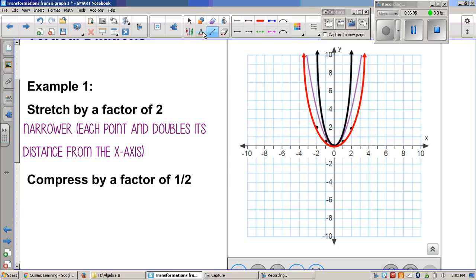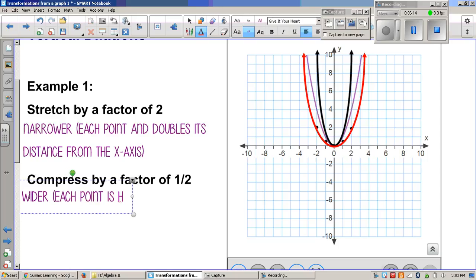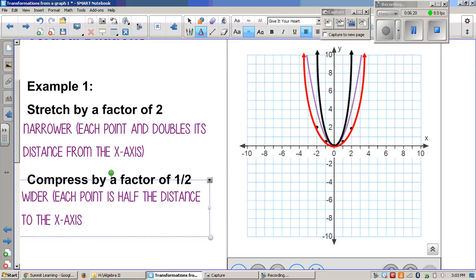So, compressing by a factor of 1/2 is going to make it wider, and each point is half the distance to the x-axis than the original.